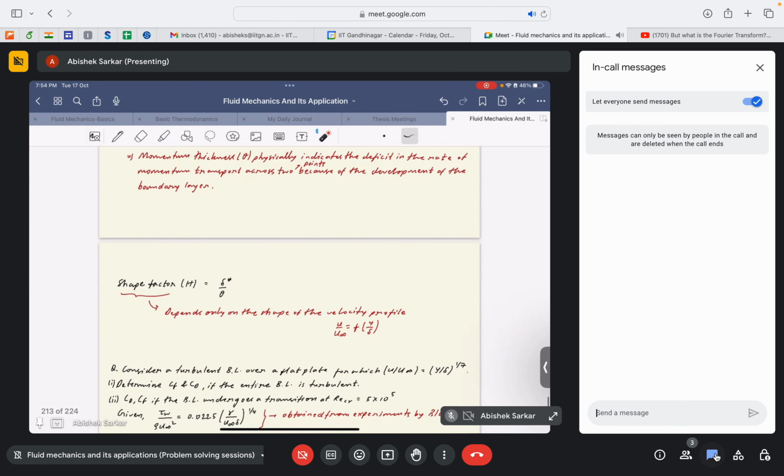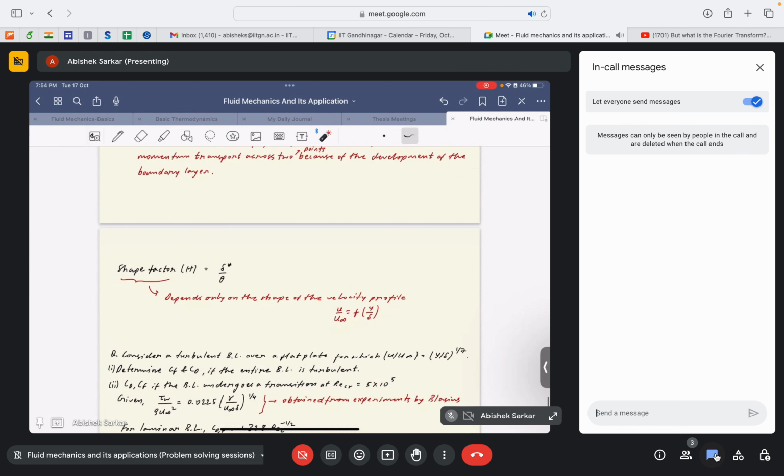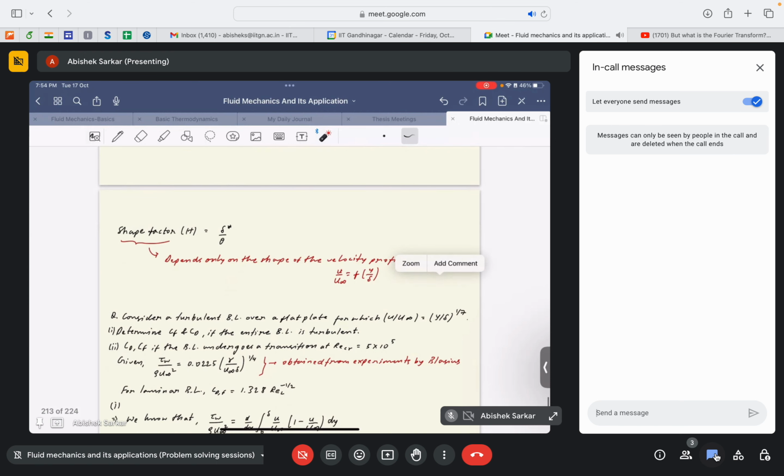And this expression is the shape factor, which is defined by the ratio of displacement thickness and momentum thickness. Why is it called shape factor? Specifically because it depends only on the shape of the velocity profile. Just for memory.